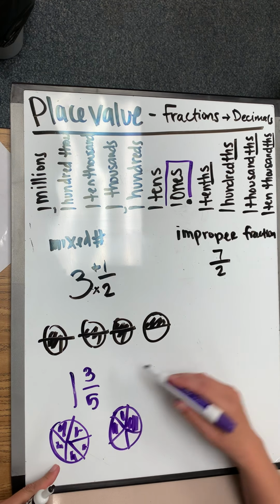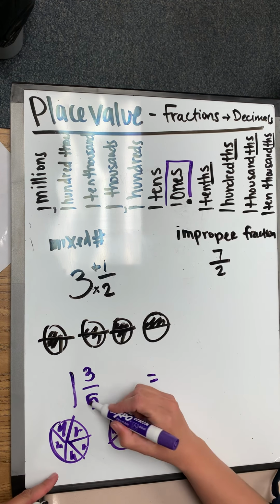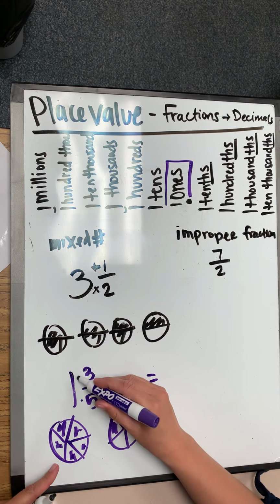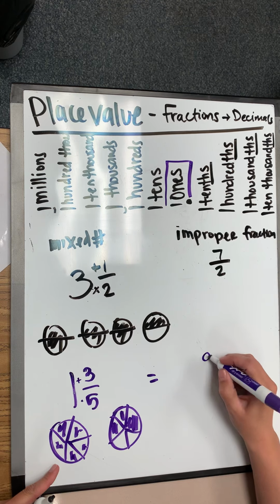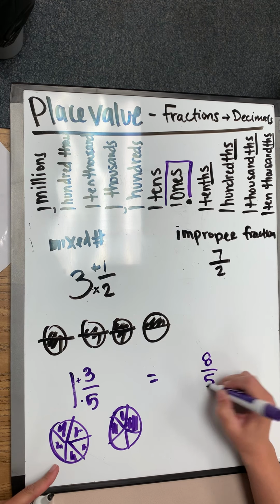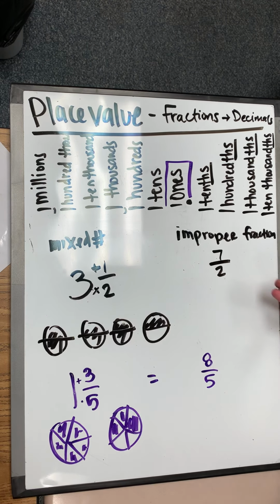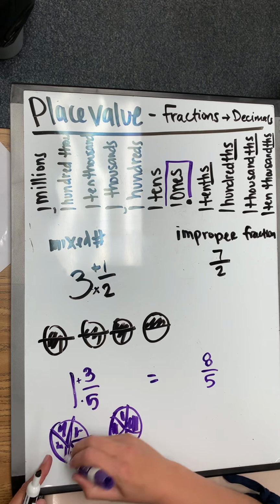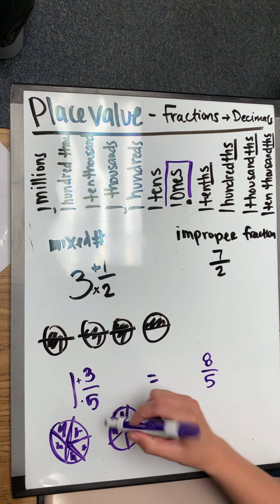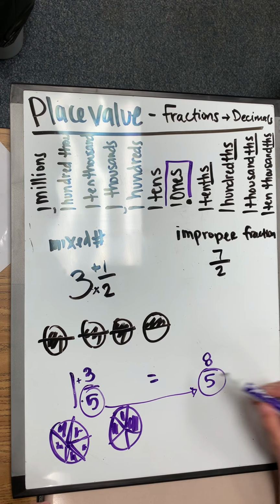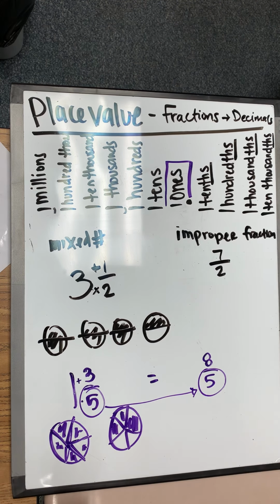So to get it into an improper fraction, we would just say 5 times 1, because we cut this one up into 5, plus 3 is 8/5. So that's really what it's doing when you're taking that mixed number and turning it into an improper fraction. You're really just cutting up your whole numbers into whatever you need it to, and that denominator tells you. But you need to keep that denominator the same because you haven't changed the size of piece.